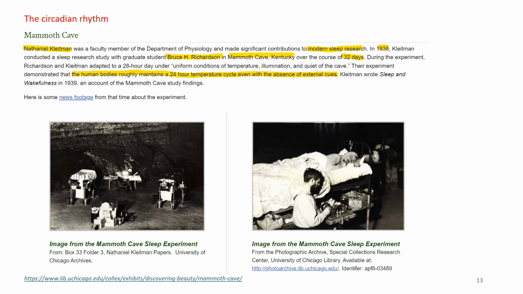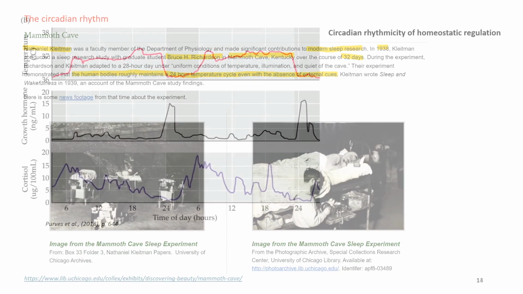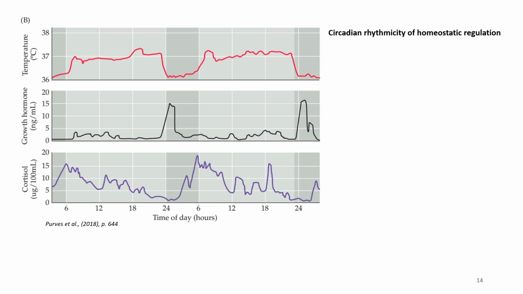They chose this particular setup due to the lack of natural light, the absence of sound, and the constant temperature. The purpose of their study was generally to see if they can entrain their circadian rhythm, so to see how flexible circadian rhythms are.